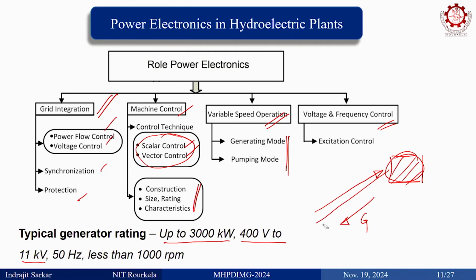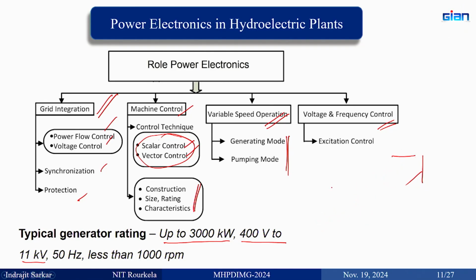Loss. How will it reduce the loss? As power level increases, if we increase the voltage level, then current will come down. Apart from loss, the first thing we get is this: at 400 volt we had to use a thick conductor because the current level is high.